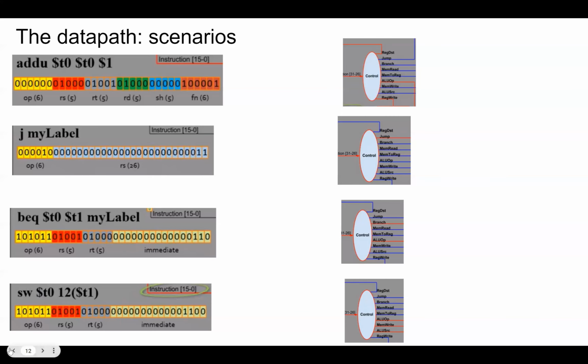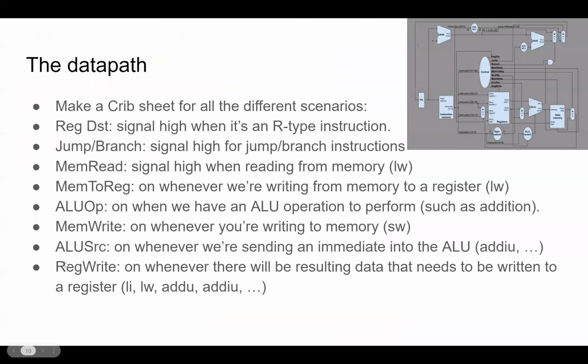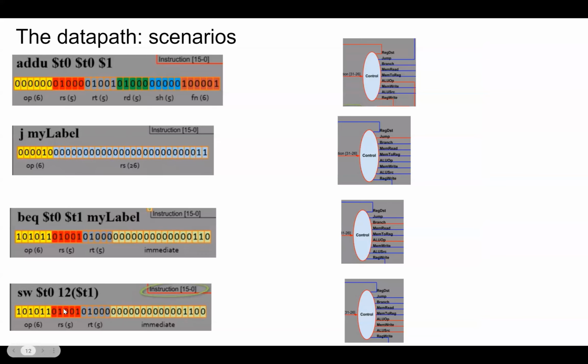And then ALU source, I think is right. You have an immediate, the offset that you're sending the ALU. So that's why ALU source is on. Any questions about that? Okay, I'll keep going.